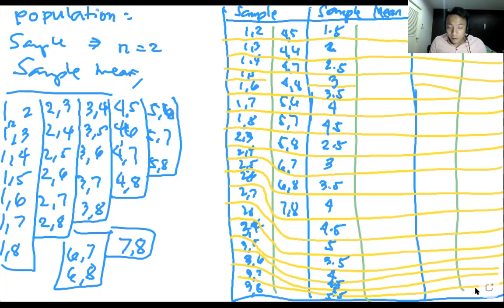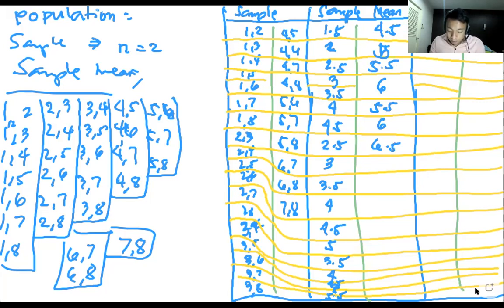4 and 5 divided by 2, that's 4.5. 4 and 6, that's 10 divided by 2, so we have 5. 4, 7, 11, 5.5. 4, 8, that's 12, so we have 6. 5, 6, that's 11, so 5.5. 5, 7, that is 12, so we have 6. 5, 8, 13 divided by 2, 6.5.